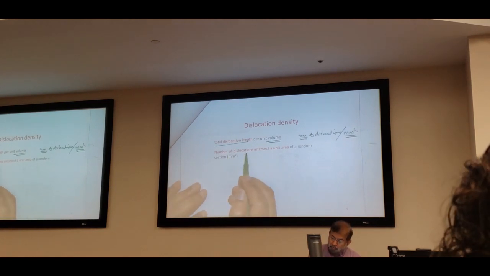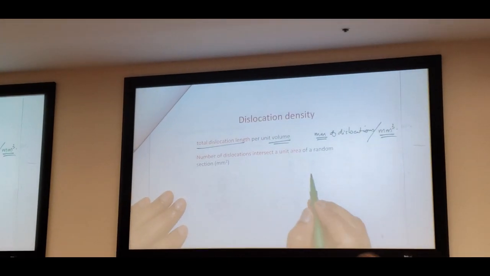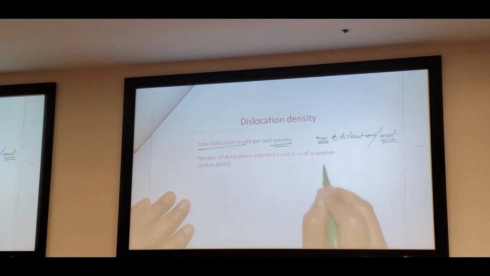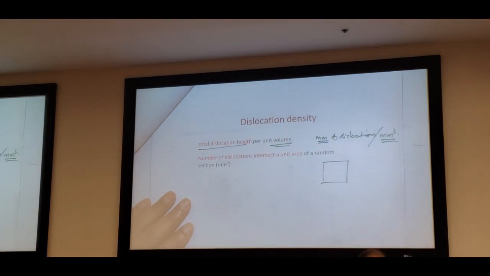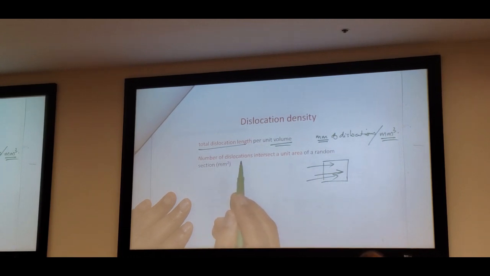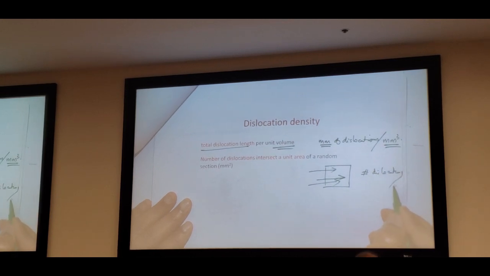Or it is the number of dislocations that intersect a unit area of a random section. For example, if you have a unit area like this one, it is the number of dislocations hitting this cross-sectional area, so the number of dislocations per unit area, on a random section or random area of 1 millimeter square.